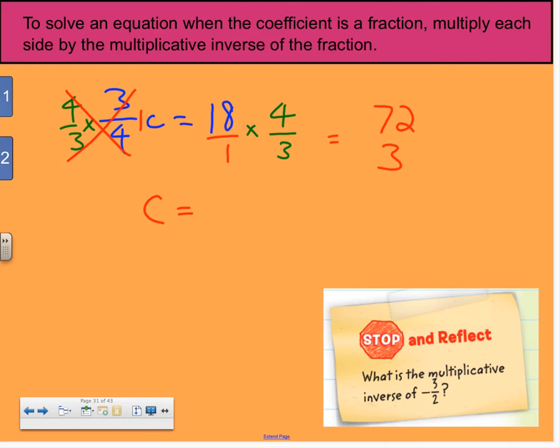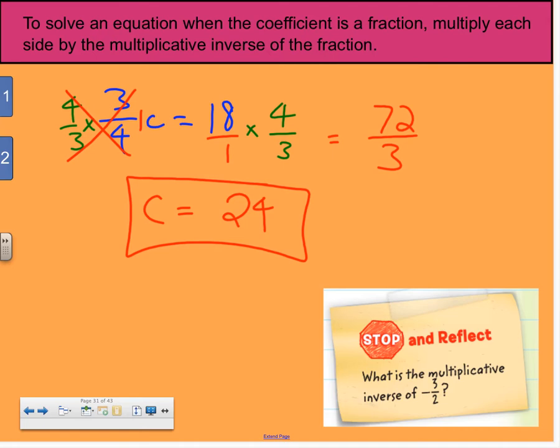So I have 72/3, and then I can simplify that. If I simplify that, I get 24. So C is equal to 24.